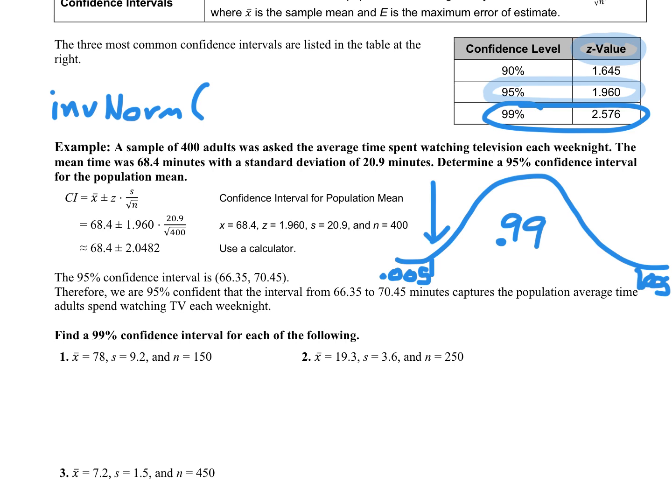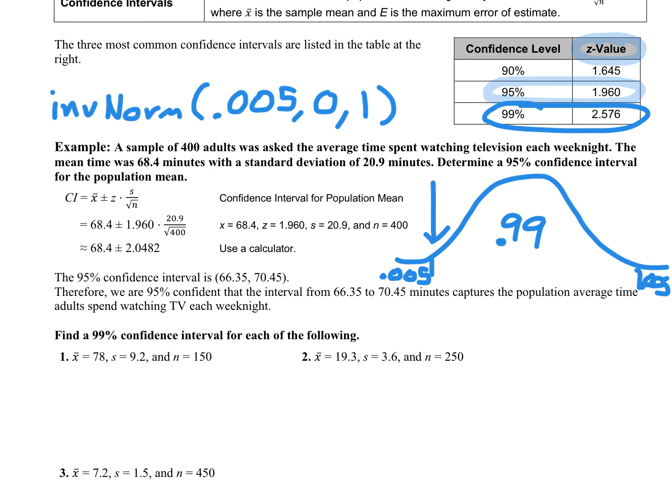You can ask it for the z value. When you go to invNorm, the first thing they ask you is for area. So you could ask it for the z value that has 0.005 to the left of it, and then you put 0 for the mean and 1 for the standard deviation.